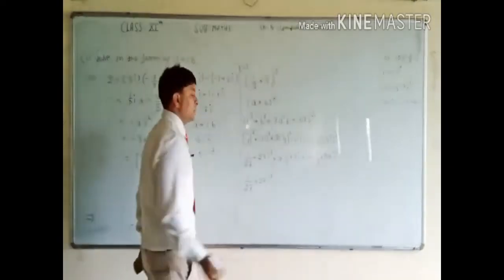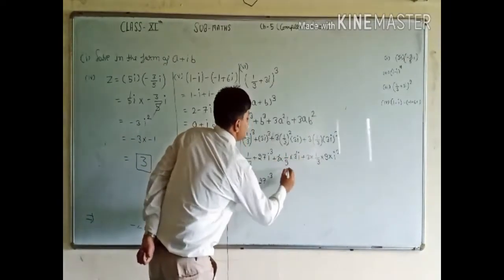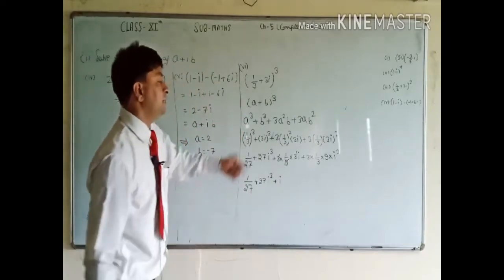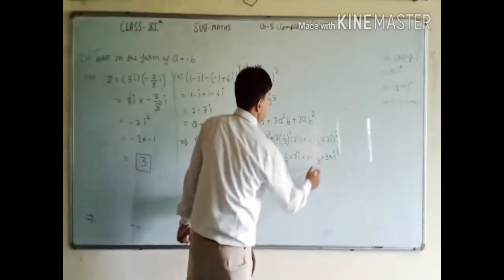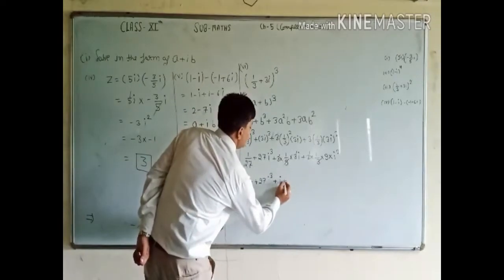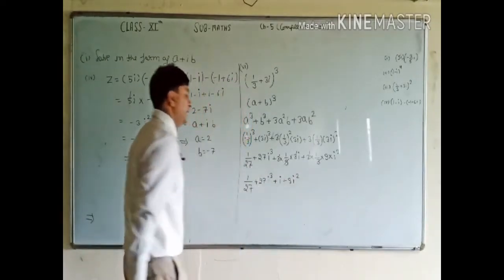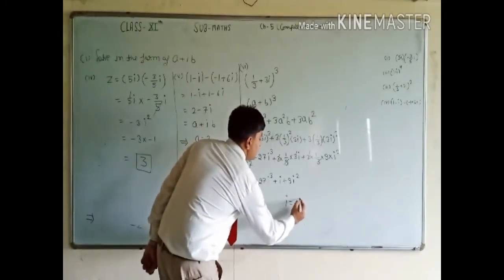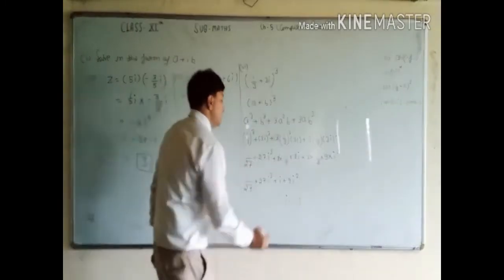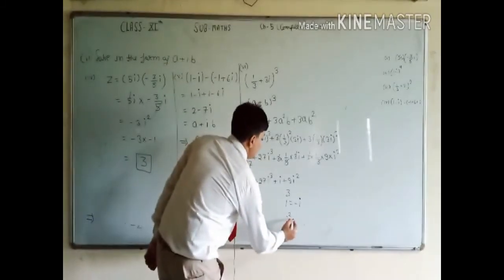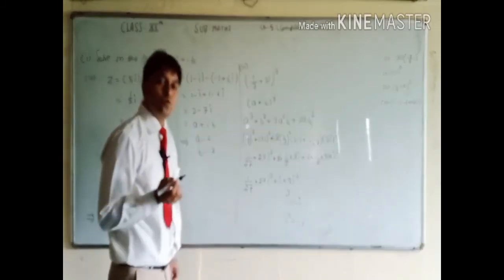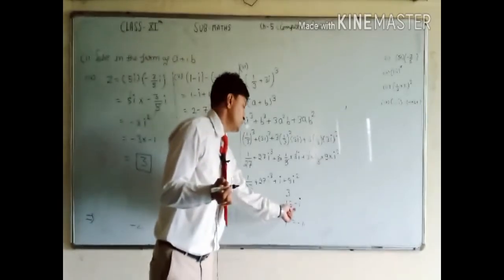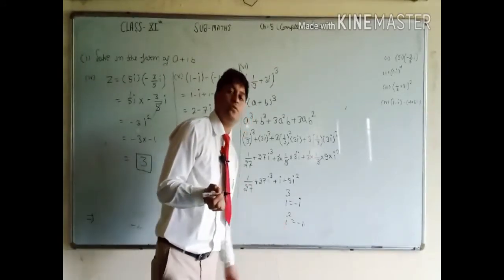Now this is 3 into 3 is cancelled out by 9, so we find iota, and in the last 3 cancelled out by 3, so we find 9 iota square, and we know that iota cube equals minus iota and iota square equals minus 1. Okay, this is the important value. Iota cube equals minus iota and iota square equals minus 1.